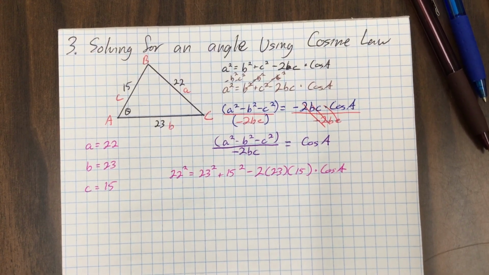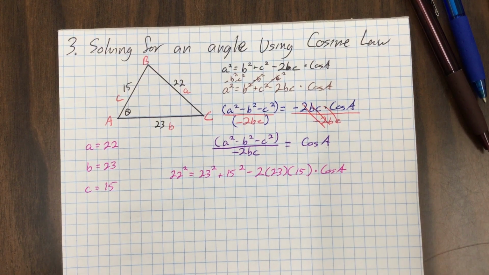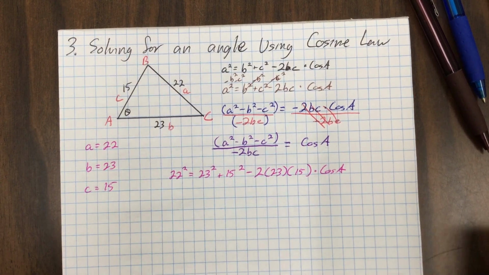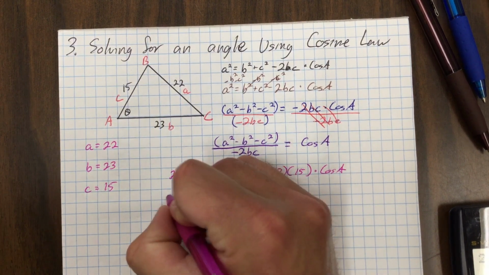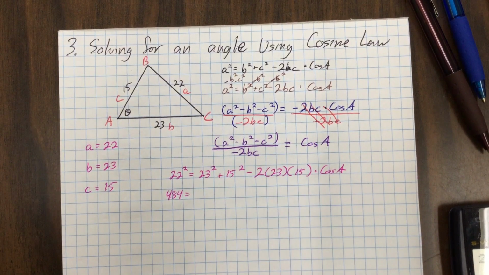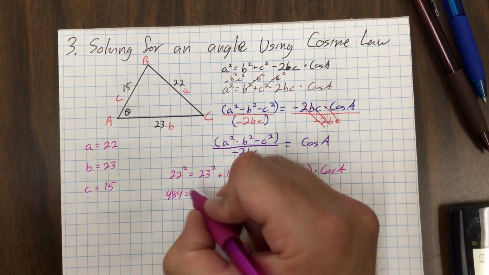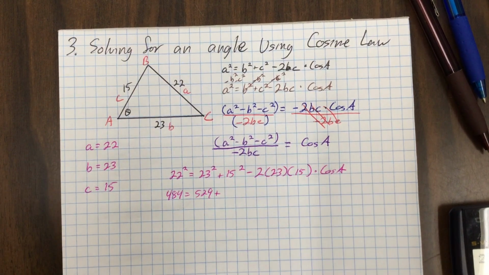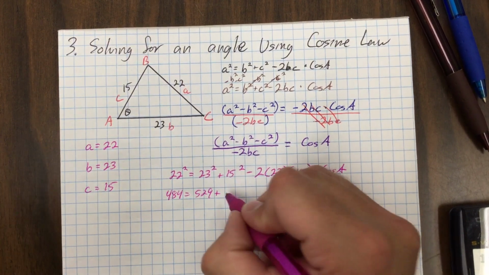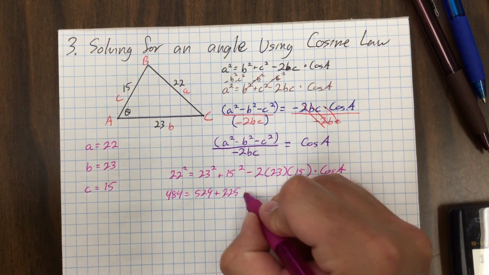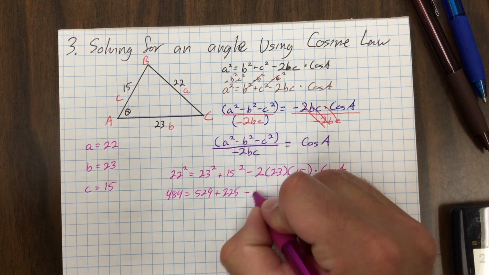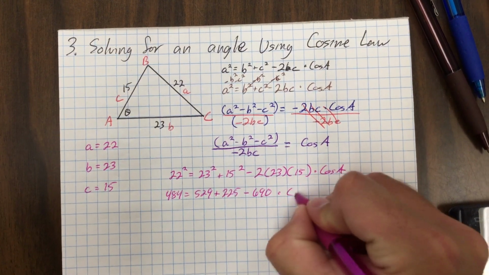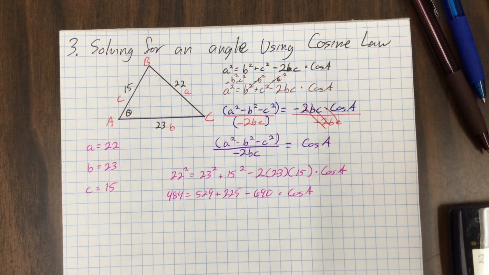It's important to remember what order we're going to move them over onto the other side. 22 squared is 484. 23 squared is 529. 15 squared is 225. I should have been able to do that without the calculator, but I didn't. 2 times 23 times 15 is 690 times cos of A.